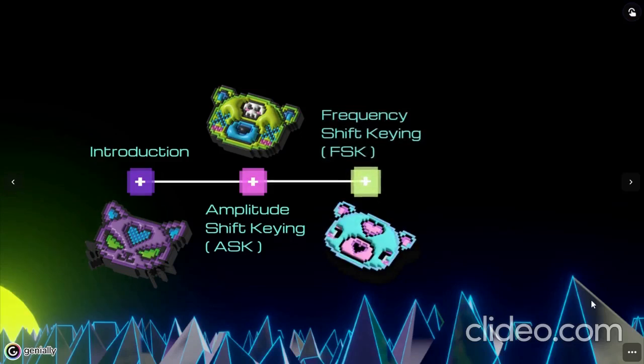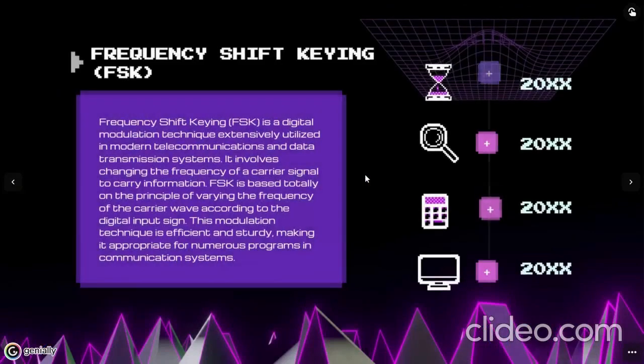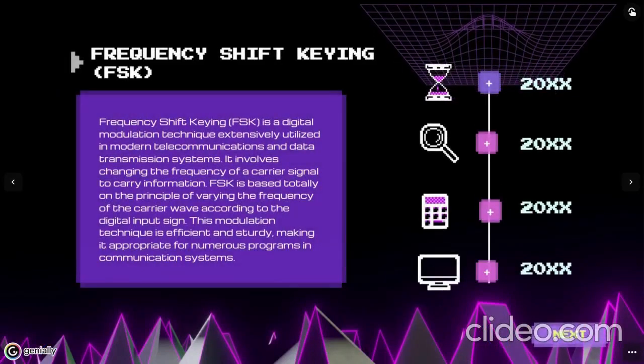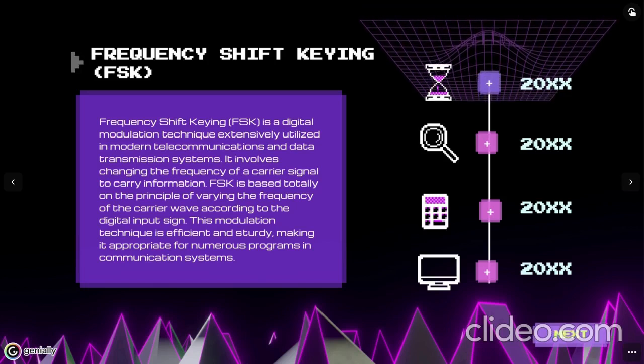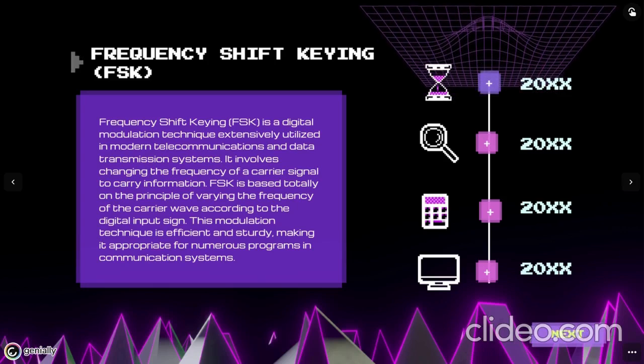Hi, my name is Ain and I will continue presenting digital modulation, and my part is frequency shift keying, or FSK. Frequency shift keying is a digital modulation technique extensively utilized in modern telecommunication and data transmission systems.